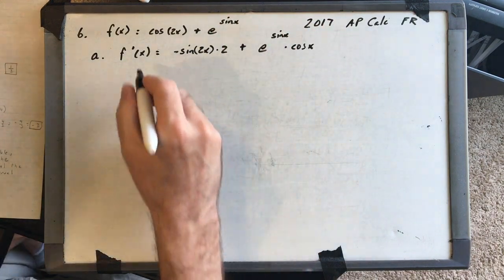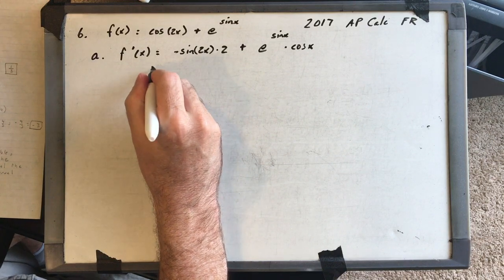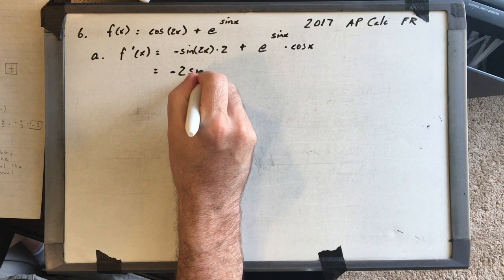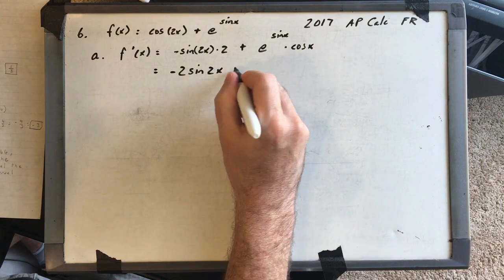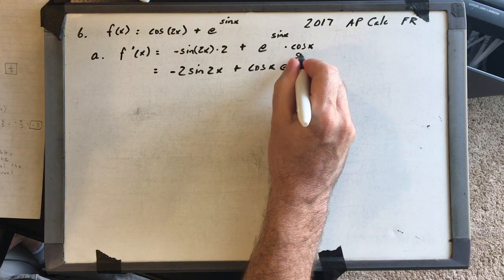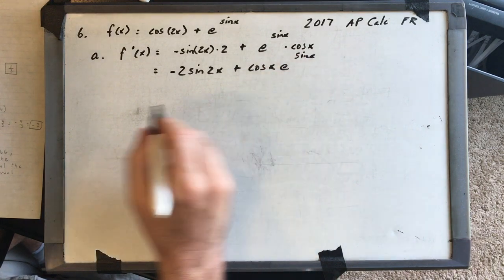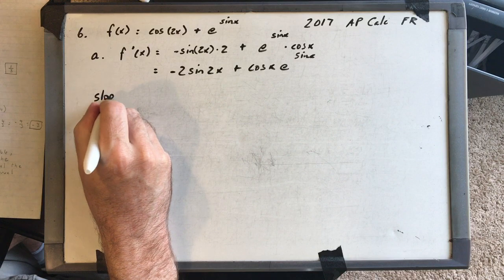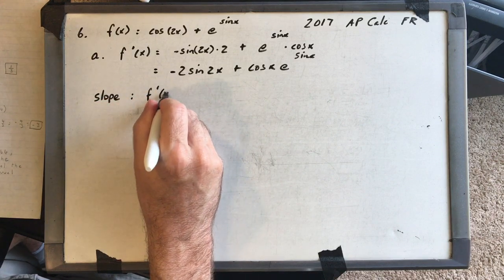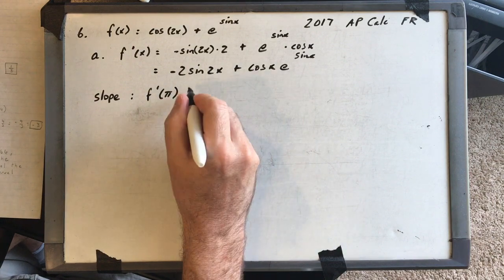So to make this a little nicer, we would have f prime of x is equal to minus 2 sine 2x plus cosine x e to the sine x. So the slope at pi is going to be f prime of pi. We just want to plug pi in for x.